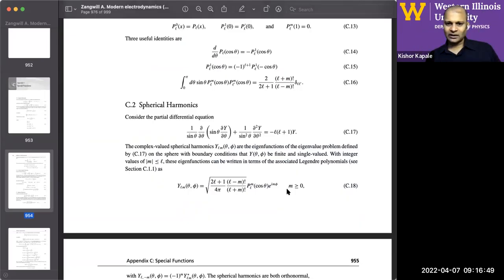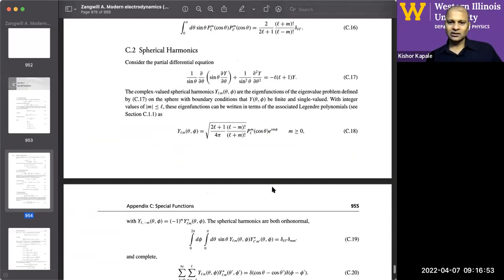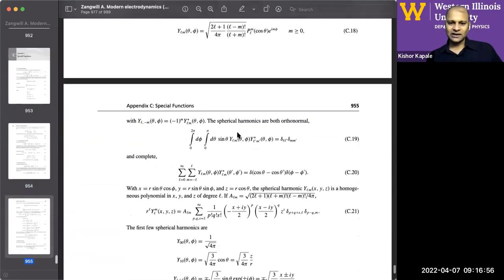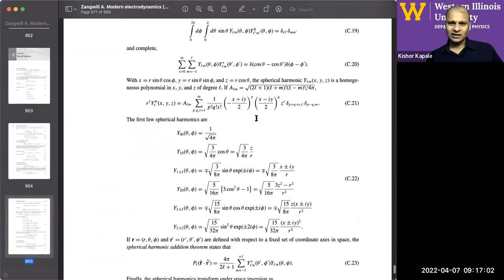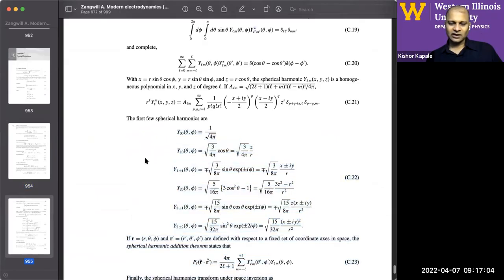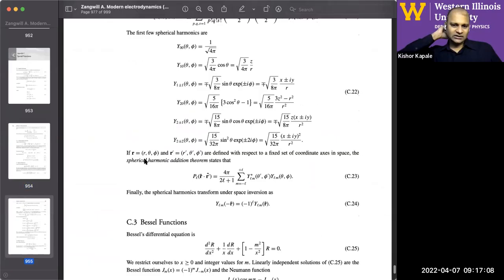In some cases you have to combine them. So we saw these types of expressions, their completeness, orthogonality. It's all discussed here, and some of the expressions for the first few spherical harmonics are given there.